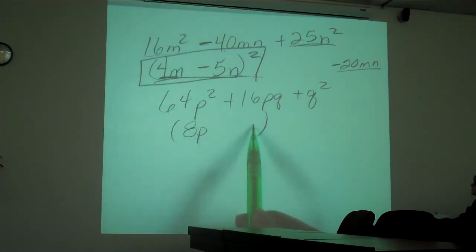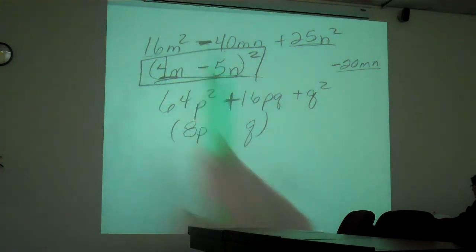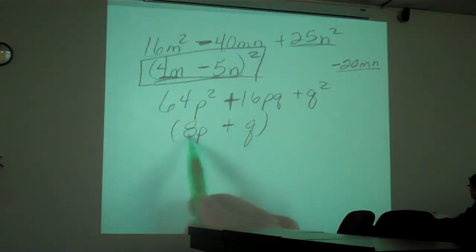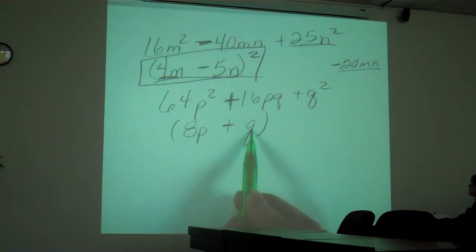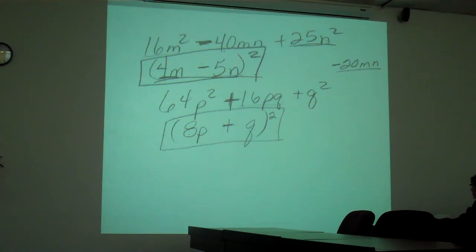Last term? q. Negative or positive? Positive. If this is positive, it's positive. If it's negative, it's negative. So 8p cubed times 2 is 16p cubed. So that's good. Okay? Are we okay to go on? Yeah? I'm seeing a lot of nodding.